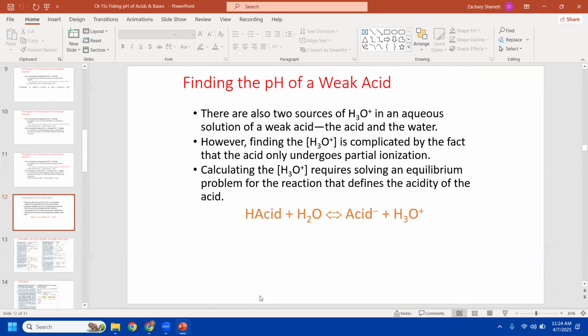Explain to me why it's crappy, Ida. Why do you think it's going to be harder to do the weak acid? What's the definition? You don't know? What do you think, Nana? What is the definition of a weak acid? So think about the definition of a strong acid.